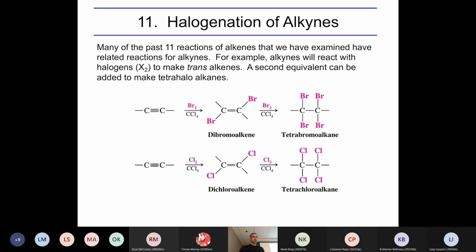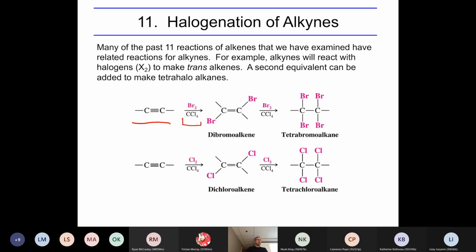The last 2 reactions in this unit that we're going to do are reactions of alkynes. They are analogous to reactions that we've already seen for alkenes, so there's not really a whole lot that's super new here. The first one is halogenation of alkynes. Basically, if you start with an alkyne, like you see here, triple bond, and we treat it under the same conditions that we would treat an alkene, Br2 in a non-polar solvent.